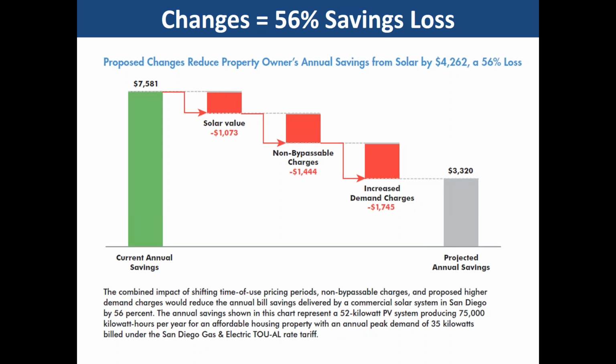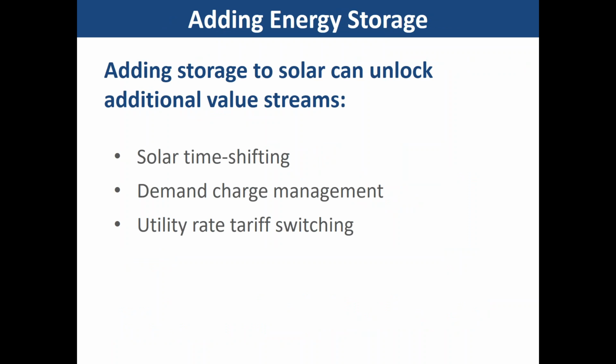We ended up with a projected savings that are just a bit more than $3,000 per year. This represents a 56% loss in solar savings throughout the year, which is extremely significant and really could impact the whole feasibility of a project. So we found those results were quite dramatic.